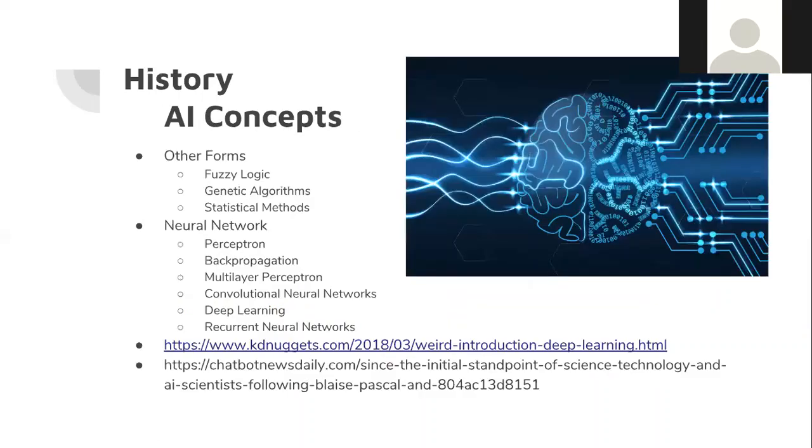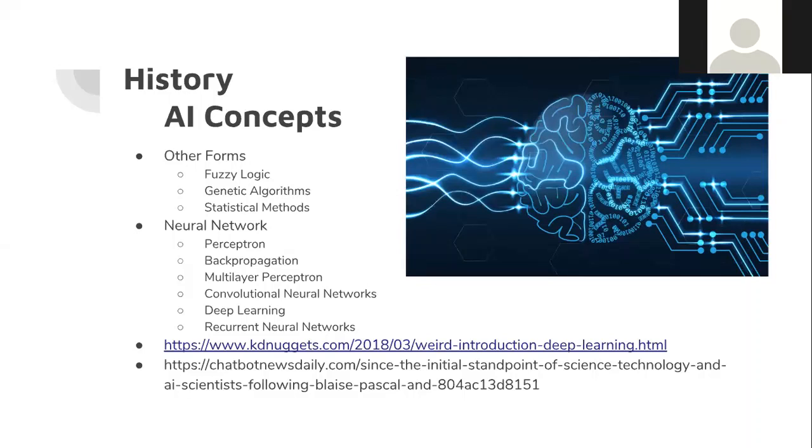All right, so a little bit of history about the AI concepts. Early forms of artificial intelligence: fuzzy logic, genetic algorithms, and the statistical methods. You can consider statistical methods to be AI because it's learning. The way you come up with statistical methods, you can develop them by learning algorithms, where they iteratively get the answer.